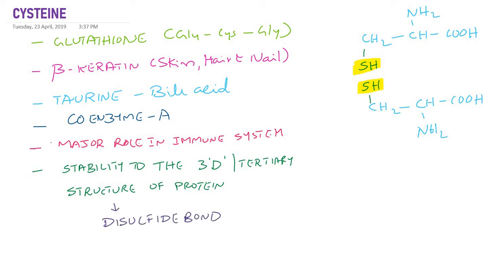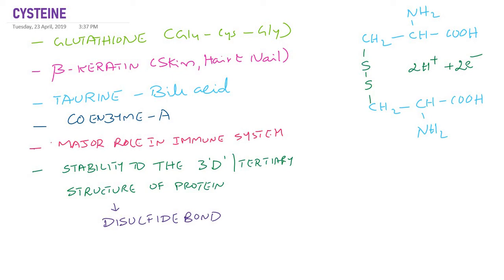It is a strong covalent bond which is responsible for maintenance of the tertiary structure or three-dimensional structure of the protein. This bond is formed like this, releasing 2 hydrogen ions or protons plus 2 electrons. So this is the disulfide bond.